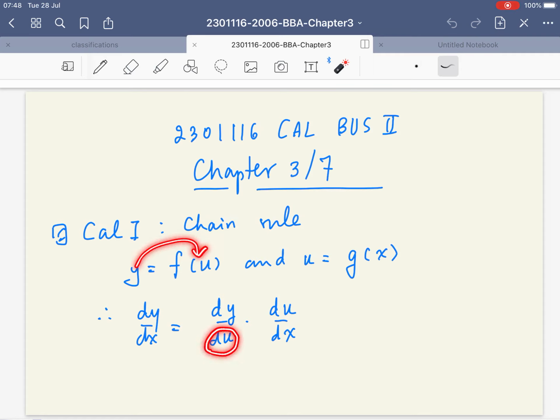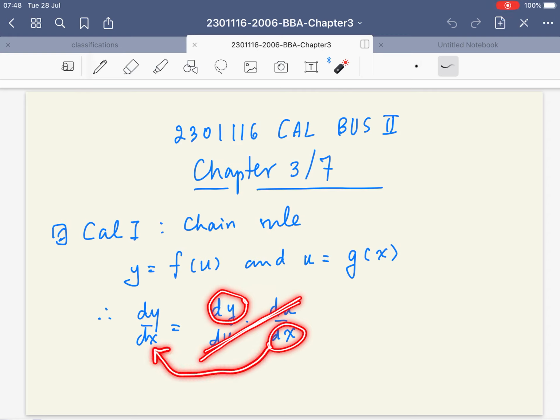So you find dy by du, and then from u go through the x, so it is du by dx. If you look at it this way, pretending that these two are fractions, then it seems that your bottom and your top here cancel, and you have your dy by dx as what you need on your left hand side.